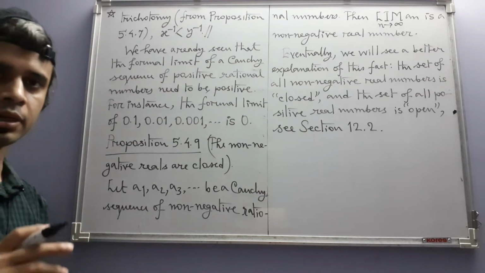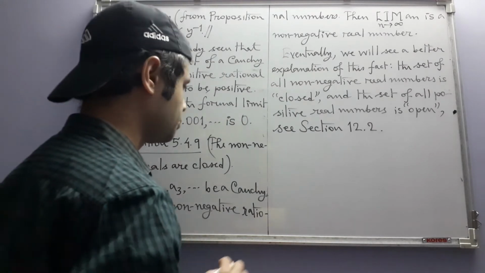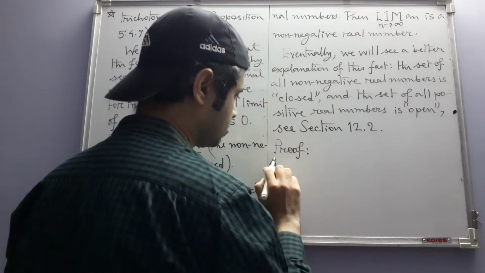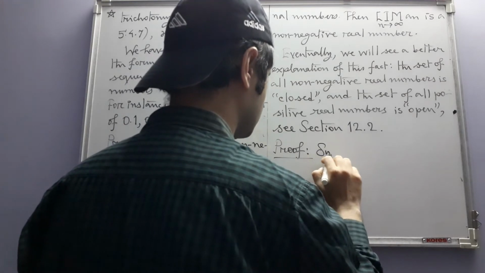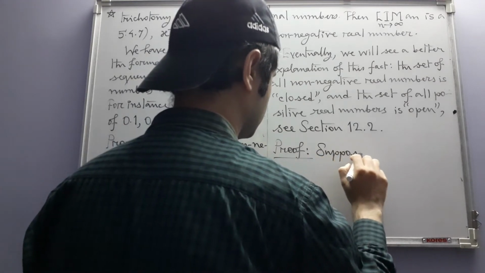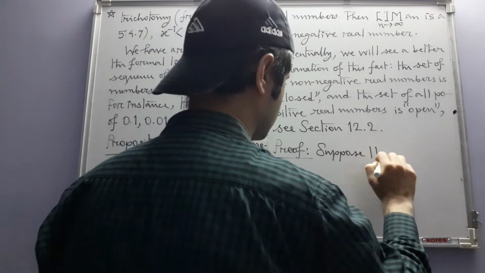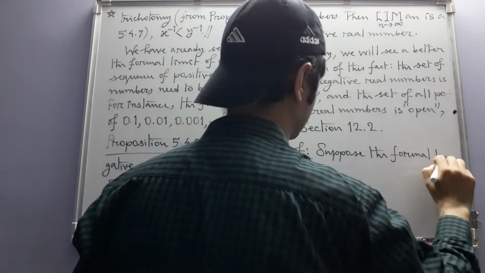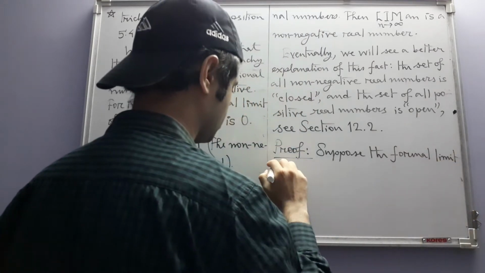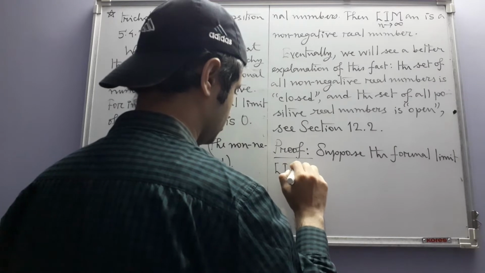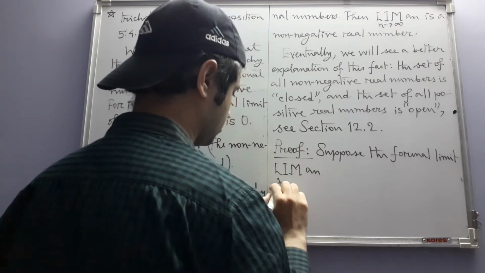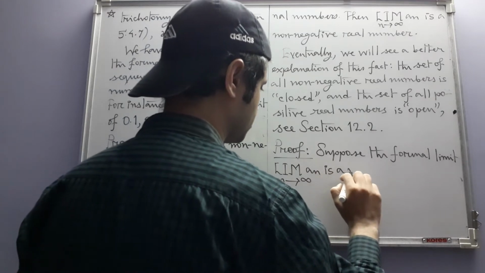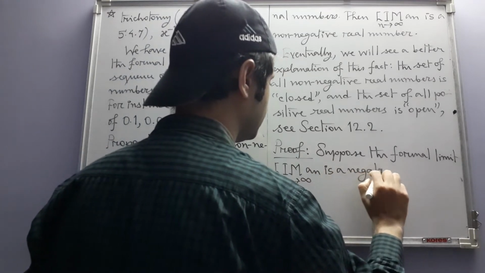Now we will look at the proof of this proposition, and the proof is by contradiction. Suppose the formal limit is a negative real number.